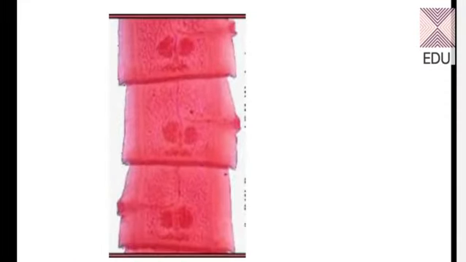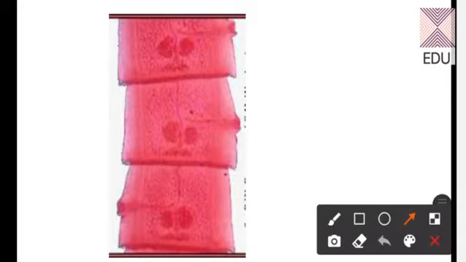One thing I told you in the last part of the lecture was that we will discuss the genital papillae later on. So these are the genital papillae. This is a genital papilla, and this is a genital papilla.